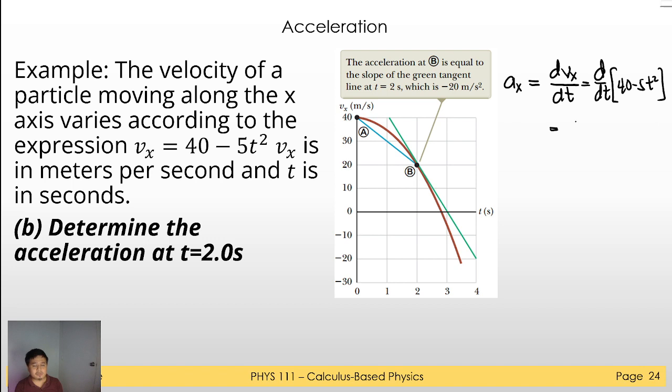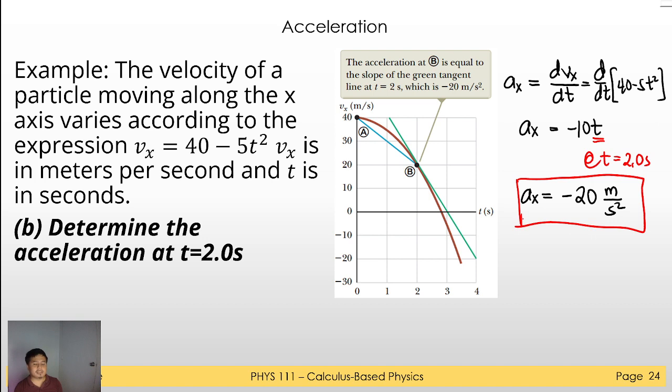The 40 will cancel out into 0, so we have negative 10t as our derivative, which is also our ax. We want to find it at t equal to 2.0 seconds, and therefore the instantaneous acceleration will be negative 10 times 2, which is negative 20 meters per second squared.